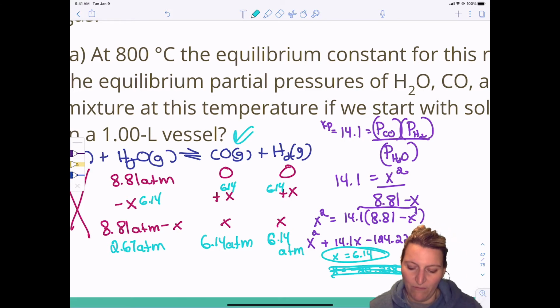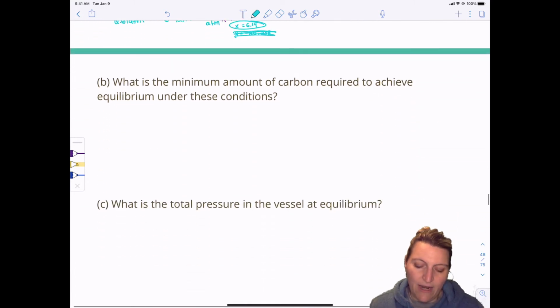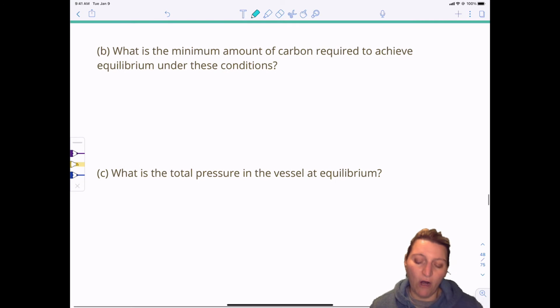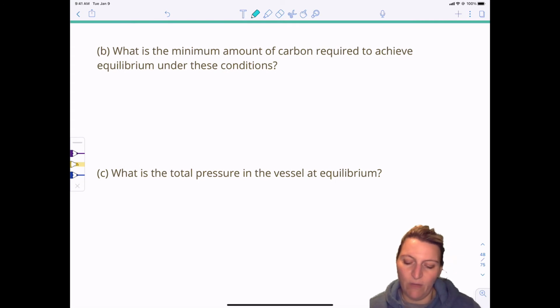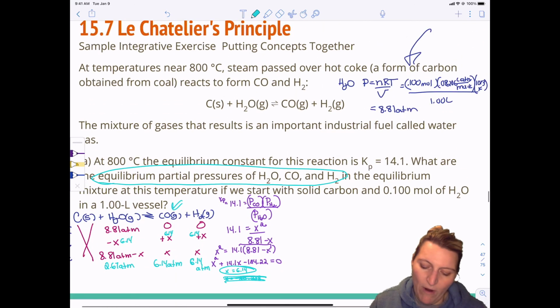Okay, so that's the first question there. Oh, I smushed it really small. The next question, so did we answer the question, equilibrium partial pressures of those two? Yes, we did. The next one says, what is the minimum amount of carbon required to achieve equilibrium under these conditions? Well, if I think about where does this carbon come from?